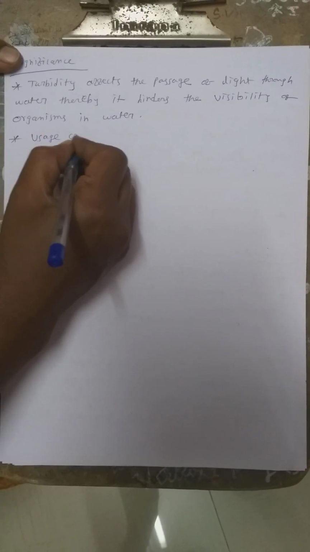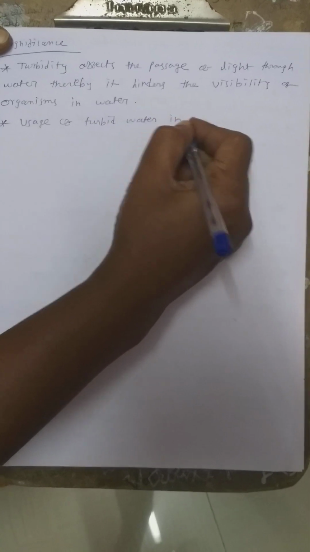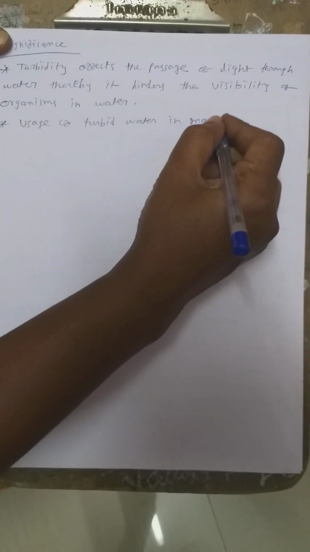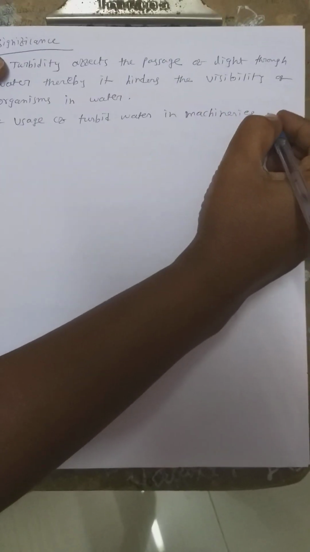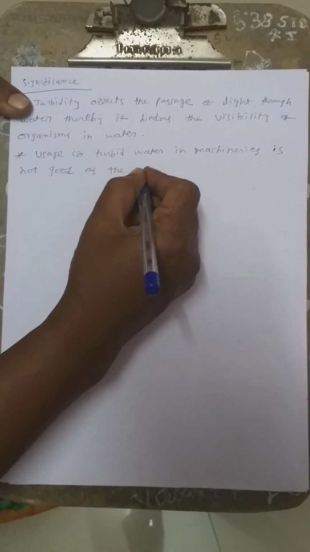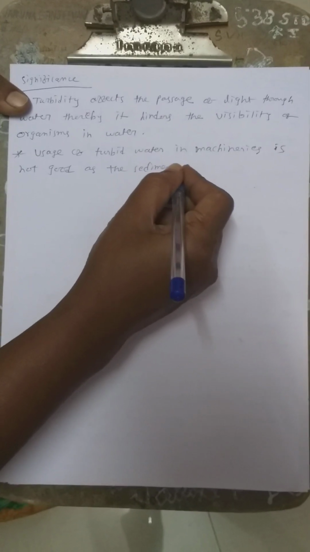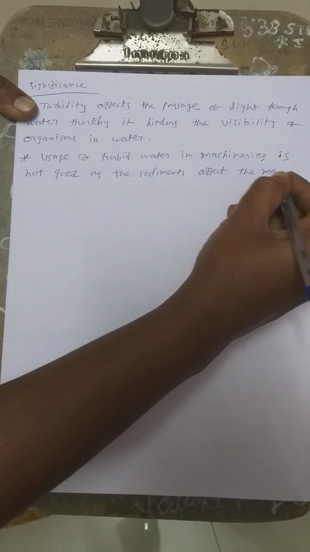Usage of turbid water in industries, in machineries particularly, is not good, as the sediments affect the machine efficiency.